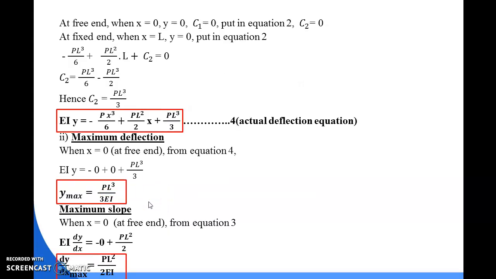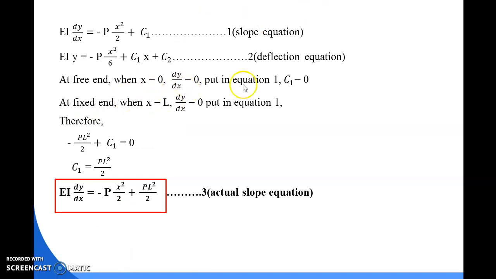And now we have to find the constant 2, that is the C2 value. For that we have to provide condition 1, that is at the free end when x equal to 0, y equal to 0 and C1 equal to 0, that we got from this part.